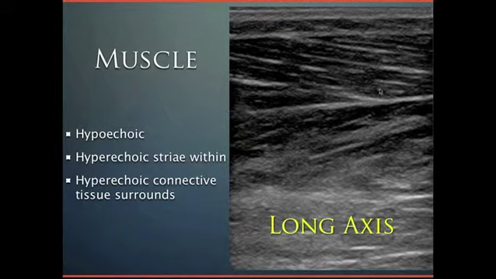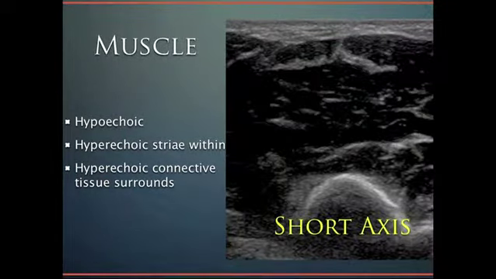So this is one muscle bundle over here with its hyperechoic connective tissue seen superiorly, and then we can see differentiating this muscle from this muscle down here is another hyperechoic connective tissue. When we move into the short axis, these hyperechoic areas now become more fibrillated or more punctate on their axis, seen in their short axis.